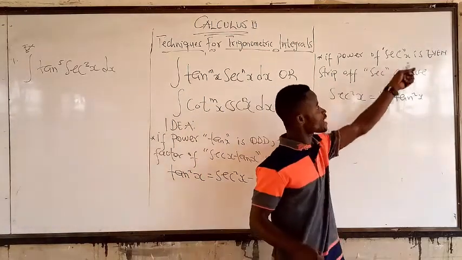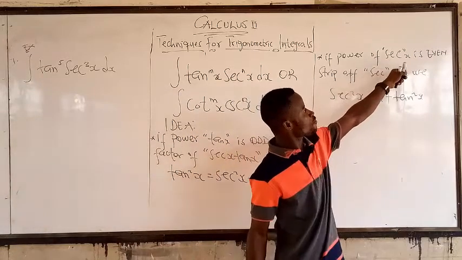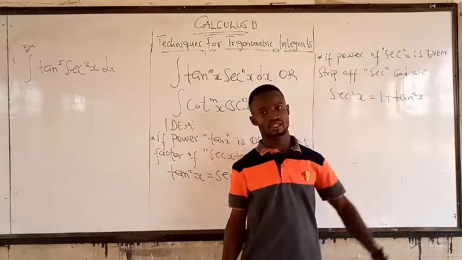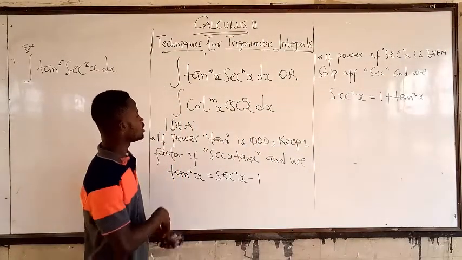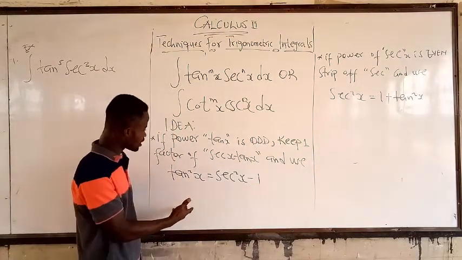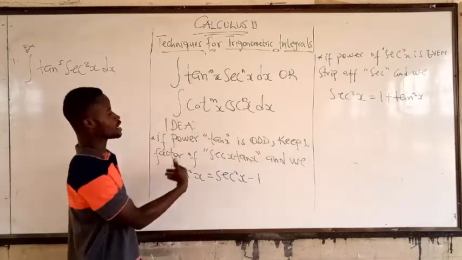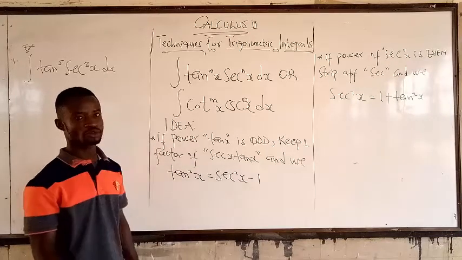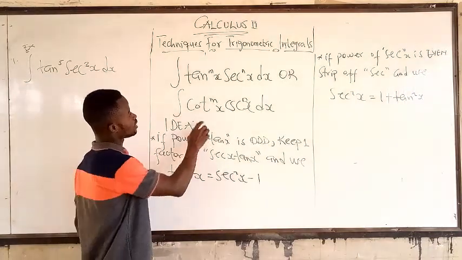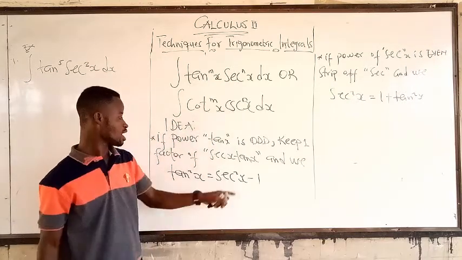Now we are coming to this part. What if the power of sec is even? In other words, if the power of cos is also odd, you keep one factor of sec, and use this.